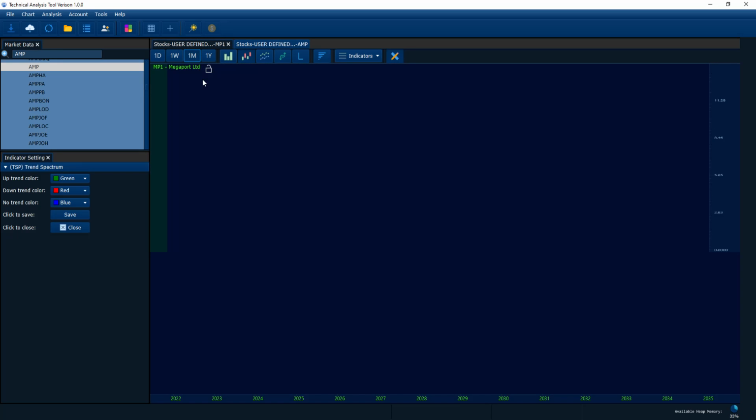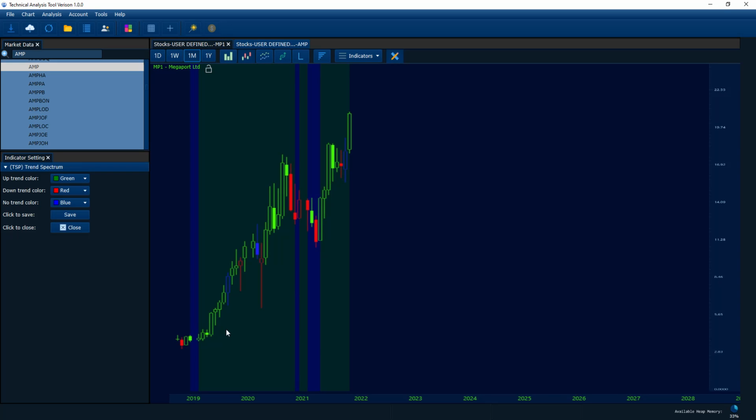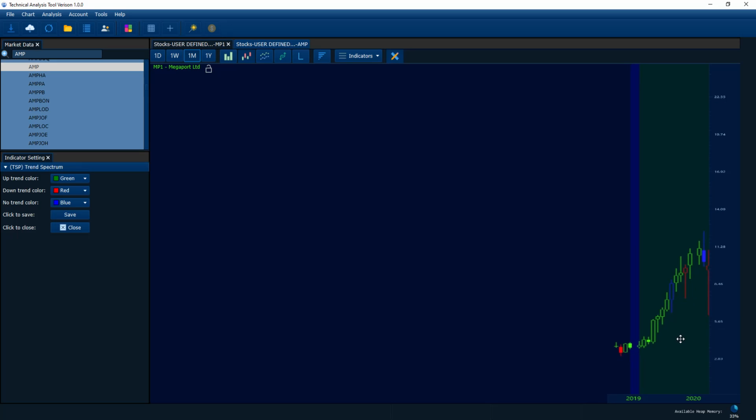Let me bring up the monthly chart for the first uptrend. As you can see, large areas are in green. That means this uptrend is very strong even on the monthly scale. When you look at this larger area in the monthly chart, you put something in your mind, and you know this particular share is still in a very strong uptrend.